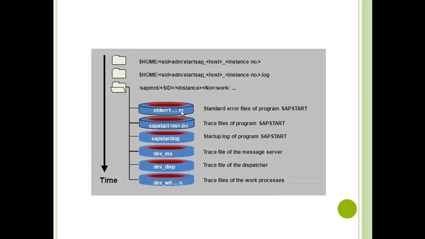Just to recap, we have the startup profile, default profile and instance profile. This is the sequence, and we start from the startup profile. The content in the log file therefore depends on the individual system setup.